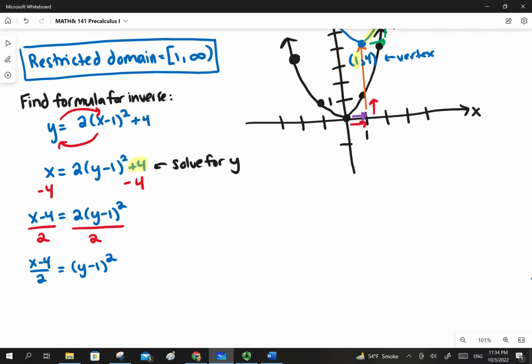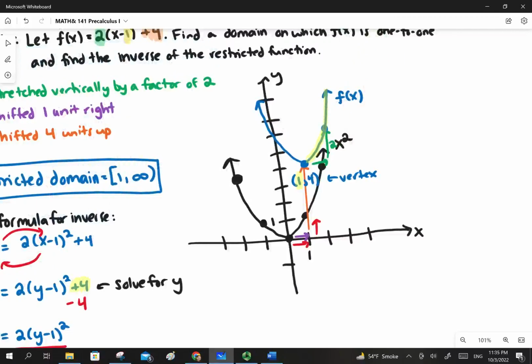Now here's the only subtle part, and where it matters which half of the parabola we chose. In order to get rid of the exponent of 2, we need to take the square root of both sides. Normally, if we are solving an equation and we put the square root in, we also have to write plus or minus because there could be two solutions, one positive and one negative.